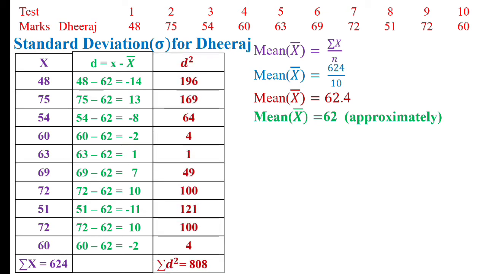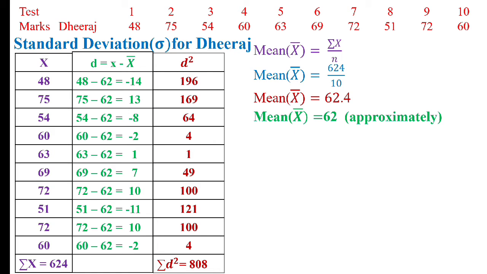D square: 14 square 196, 13 square 169, 8 square 64, 2 square 4, 1 square 1, 7 square 49, 10 square 100, 11 square 121, 10 square 100, 2 square 4.